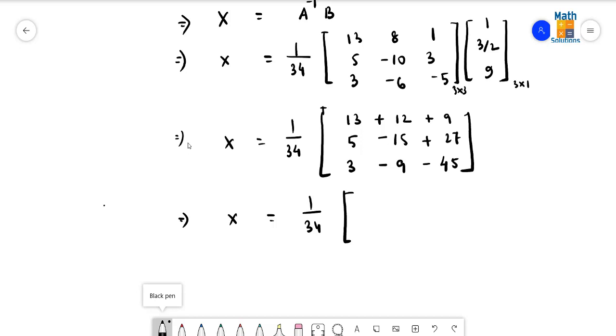We shall be getting the results as 25 plus 9, it is 34. In the second case 5 minus 15, the result will come as minus 10, then minus 10 plus 27 will be 17. Then in the last case it is 3 minus 9 minus 45, the result comes as minus 51.